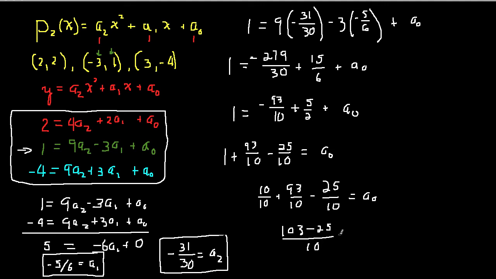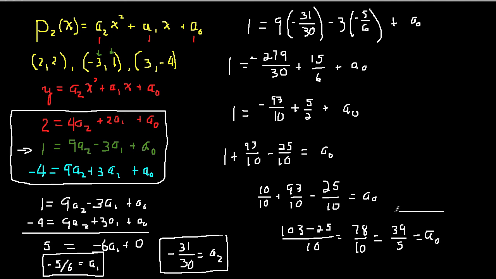And 103 minus 25 is 78 over 10. And 78 over 10 becomes, dividing the numerator and denominator by 2, 39 over 5. So a0 is 39 over 5.